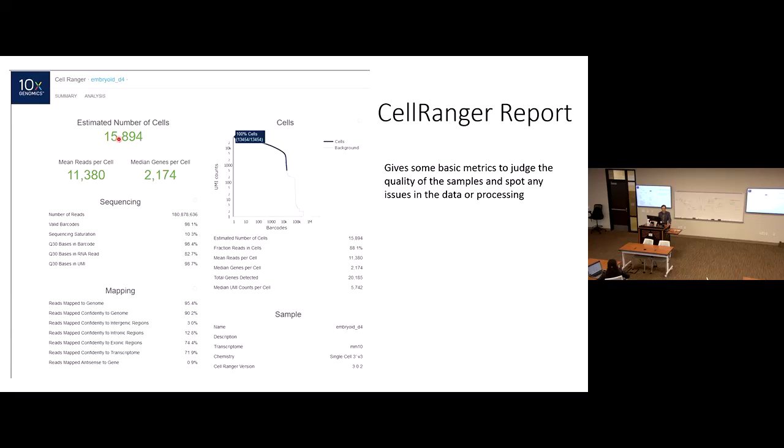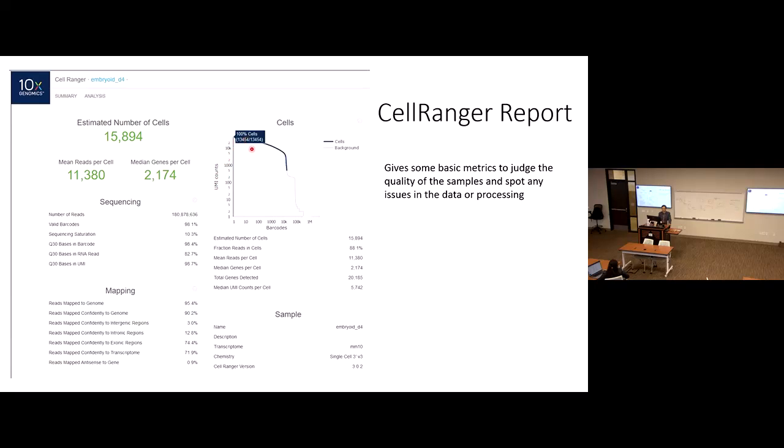Nowadays we have 10,000 cells in general, but this is a little bit higher for me. And there's also a saturation curve. You will see how many barcodes, and each barcode indicates a non-empty droplet. Inside there, you should have enough UMI count.